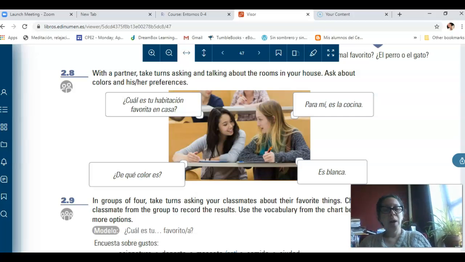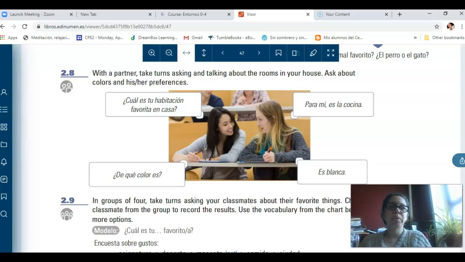So, ¿cuál es tu habitación favorita en casa? Now we're changing the subject. We are not talking about only deporte, comida, asignatura, ¿verdad? Or animal. We are talking about the house. So, after practicing this and after learning this structure, you can start asking another person about other things.